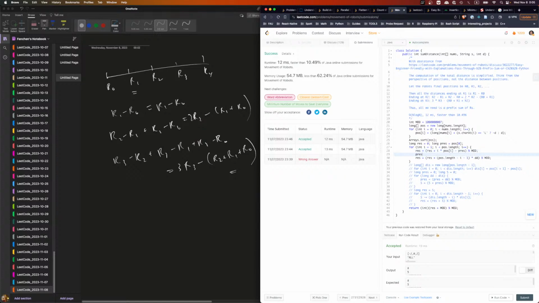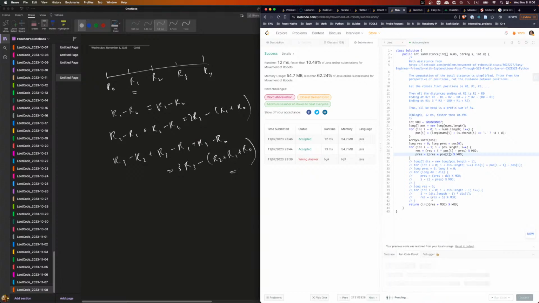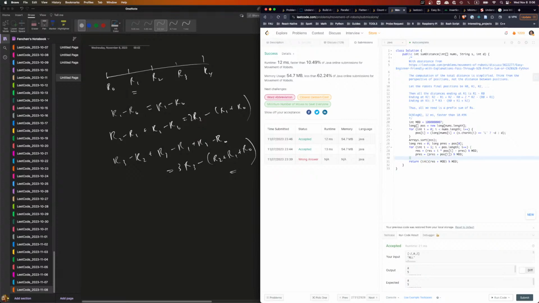Then pre-sum equal to pre-sum plus position i, mod. Is that right? Yep. I think that is the result.